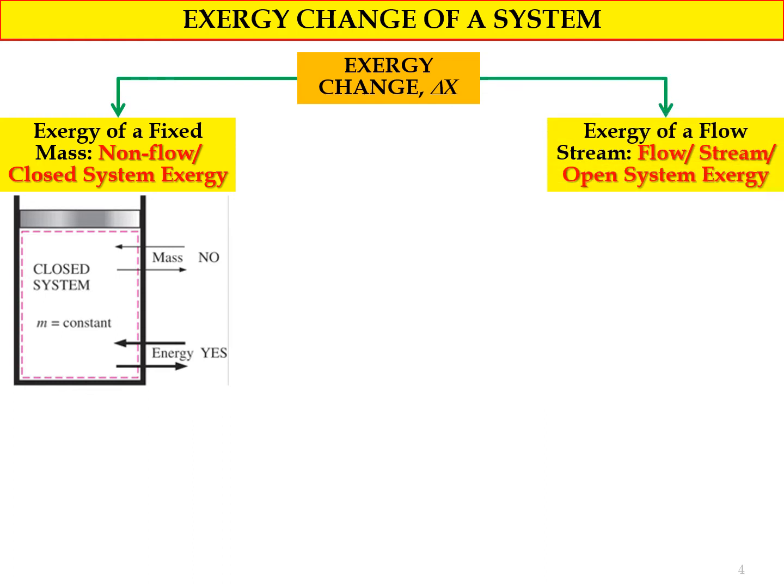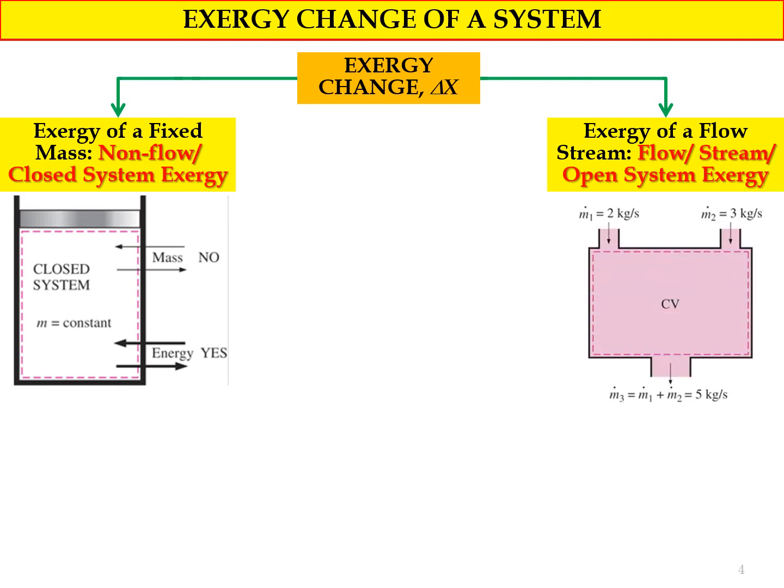So there is another system which is an open system. In Exergy, it's called Exergy of a flow stream, and open system Exergy. So this is one example of the open system. As you can see here, we have two mass flow rates in and one mass flow rate out.